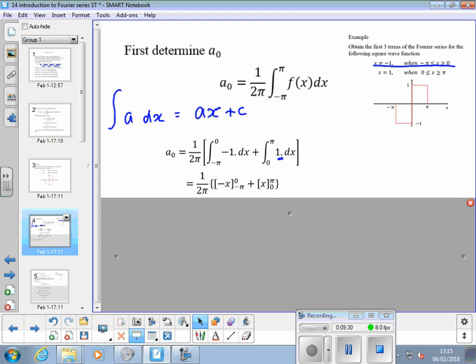Yep. So this is what we've got from that. 1 over 2 pi, outside some brackets. And then this integral is between minus pi and 0. That's a definite integral there, because we've got limits, of minus x, plus the definite integral between 0 and pi of x on its own.